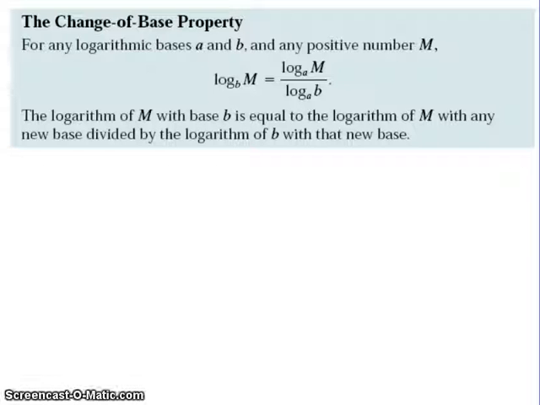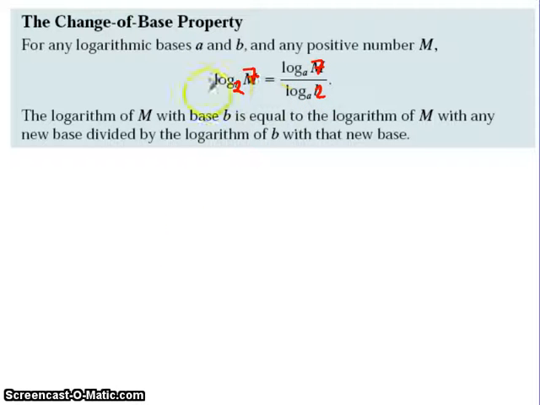So what we just had was log base 2 of 7, right? And the change of base rule says that our m here is a 7 and our b here is a 2.